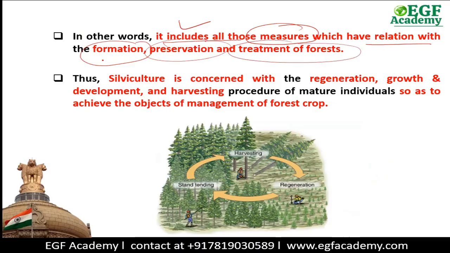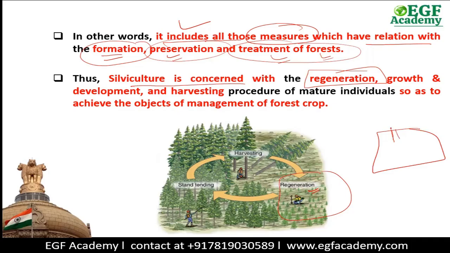It means we have to form a forest, or preserve the forest. If we have a degraded forest, how we can preserve and regenerate it, all these come under silviculture. So silviculture is concerned with regeneration. It means the forest that already exists, we will regenerate that, or we can go for plantation in a new area where there were no plants earlier.